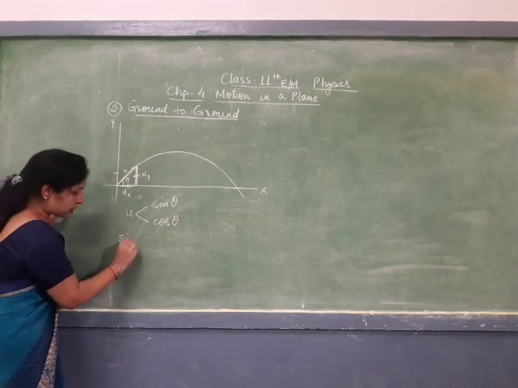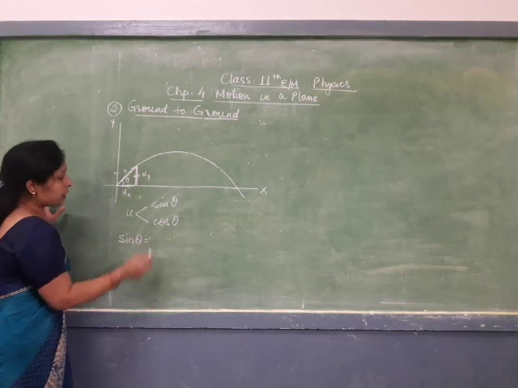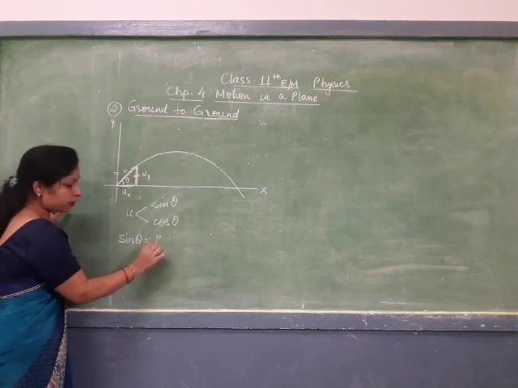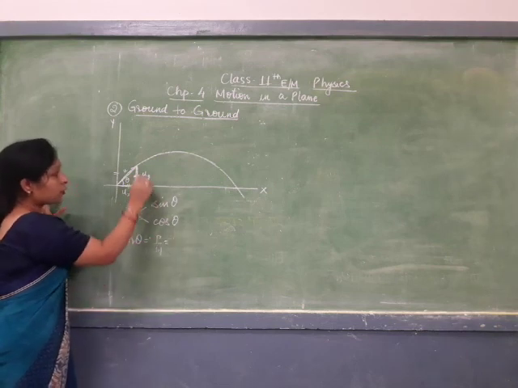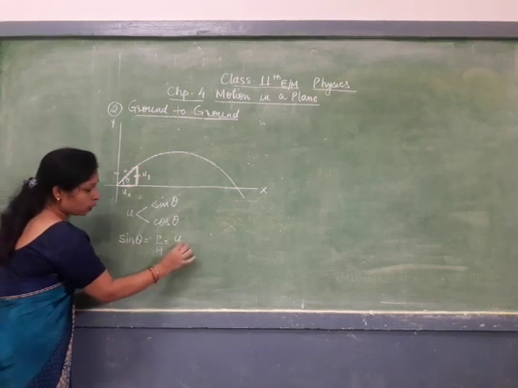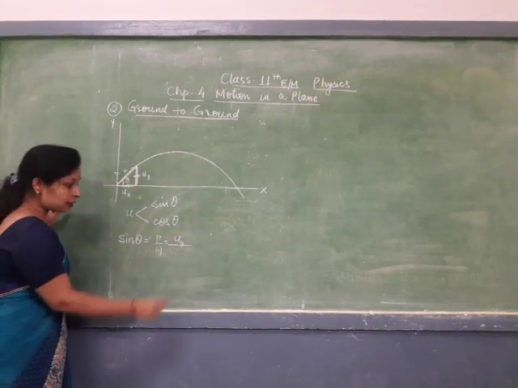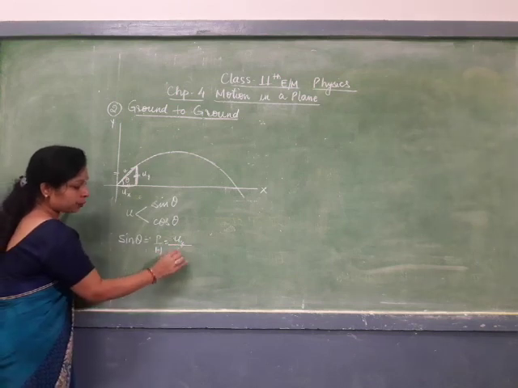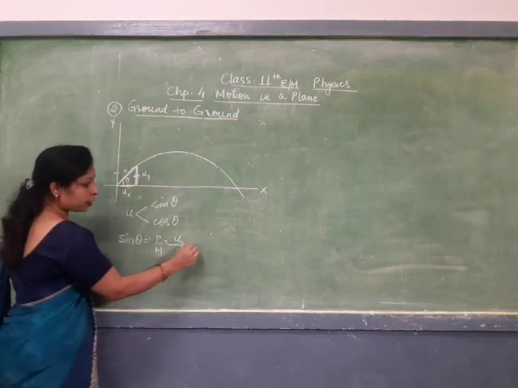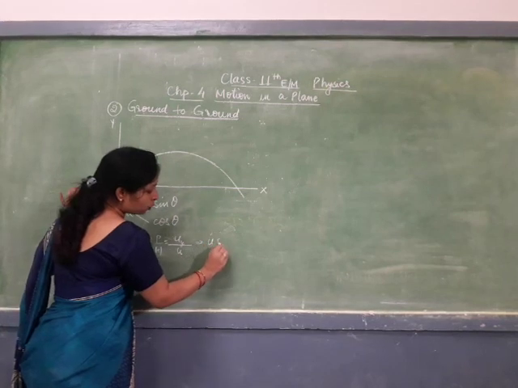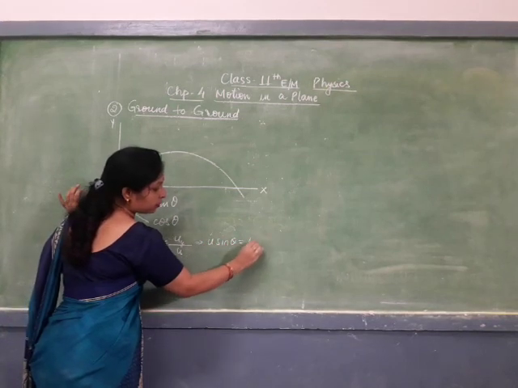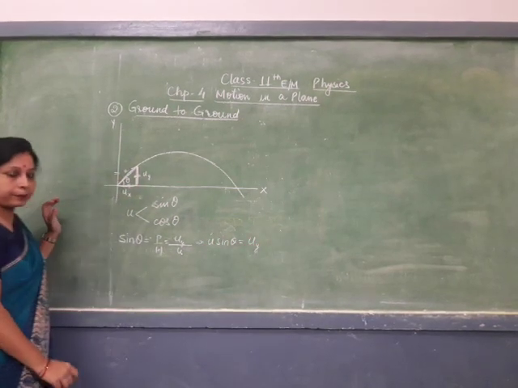So sin theta is equal to perpendicular upon hypotenuse. What is my perpendicular? uy, that means the initial velocity with respect to the y-axis, upon the hypotenuse. The hypotenuse is u. Cross multiplying, you will get u sin theta is equal to uy.